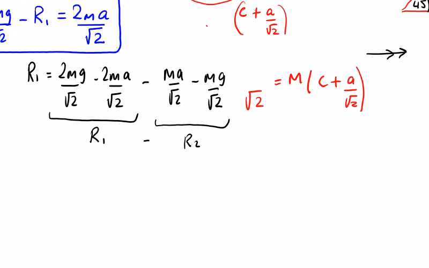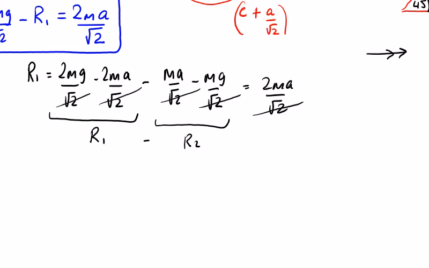Okay, I'll just rub this out. You've seen this already. Multiplying by root 2 and dividing by m is going to leave us with 2g minus 2a minus a minus g is equal to 2a.